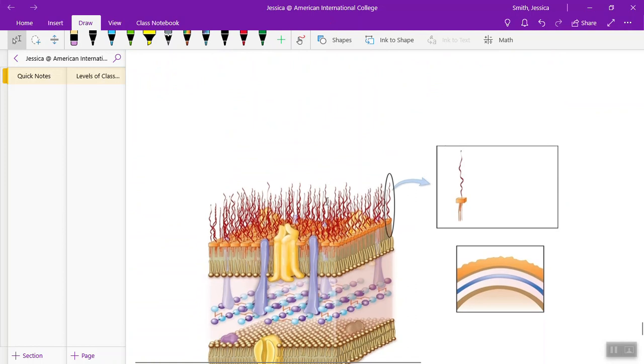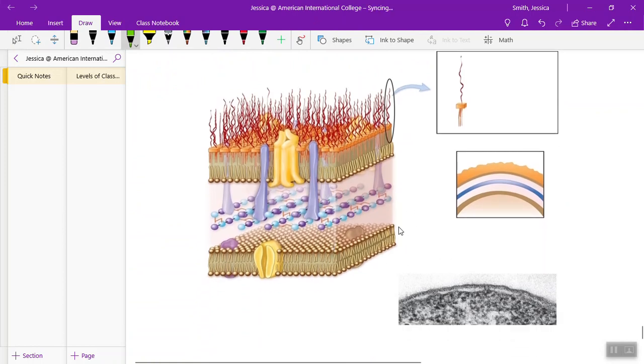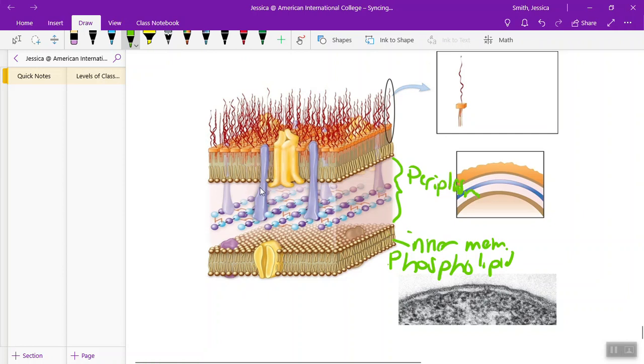Okay, so again, pretty picture here. We have the inner membrane down here. It's a regular phospholipid bilayer. Next, this big purple chunk here, that's the periplasm. And within the periplasm right here, that's where you'll find a thin peptidoglycan.